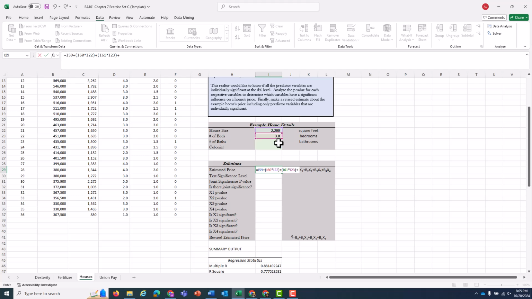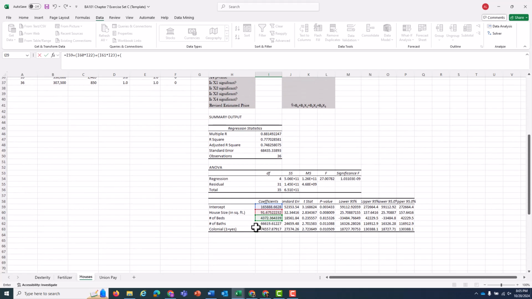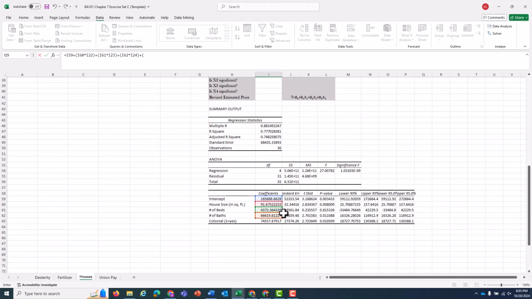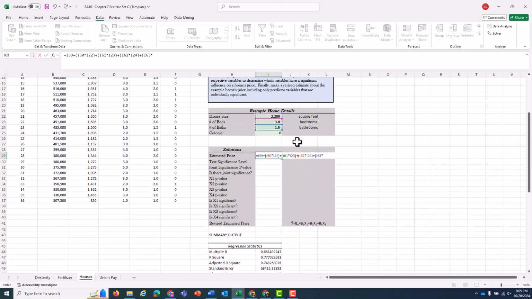Add to that the product of the coefficient for the number of baths, that crazy 66,000, times the 1.5 baths that this place has. And then lastly, I'm going to add in the product of the coefficient for whether it's a colonial or not, times the fact that this place is not a colonial.